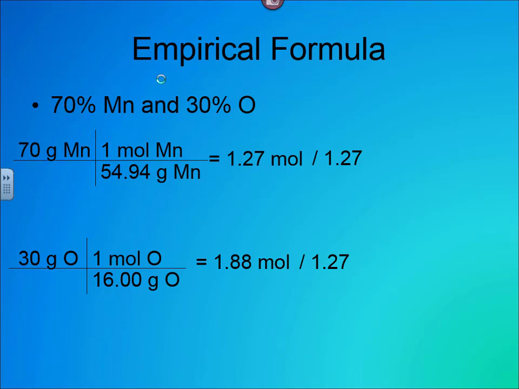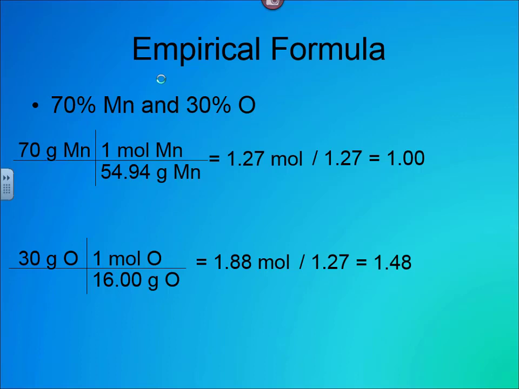And of course the top one, the manganese, is going to come out to be 1. But look what happens with the bottom one. We get 1.48. It's almost exactly halfway between rounding down and rounding up.